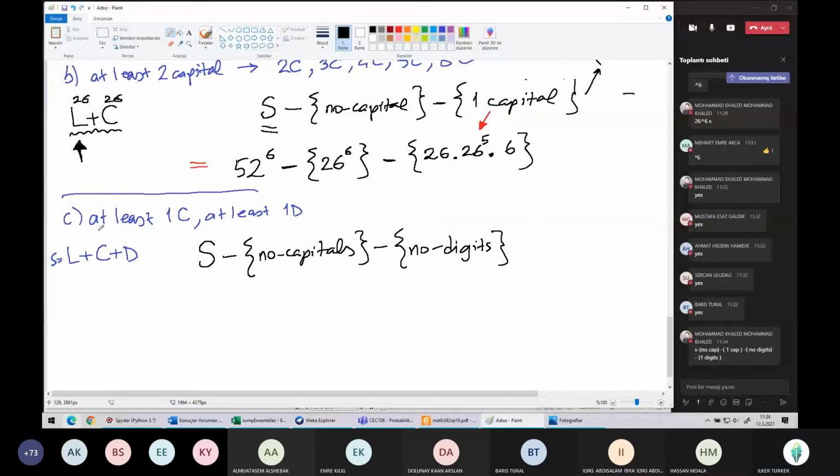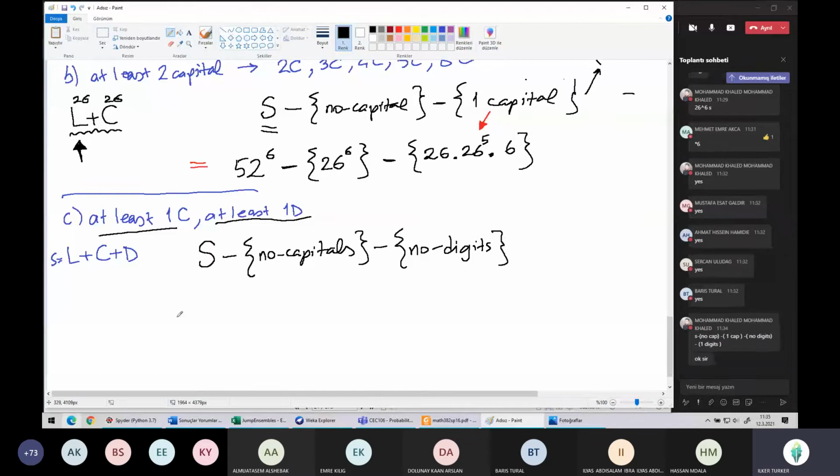Also, when you subtract no digits, you satisfy this condition also. So, what is my sample space here?